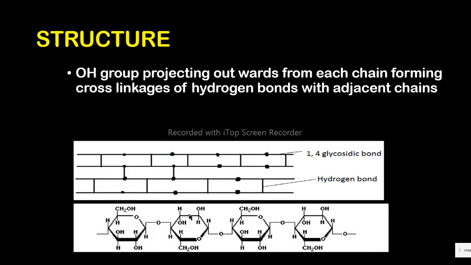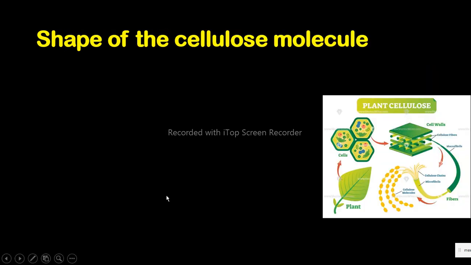So let's talk about the structure of the cell wall. Because somebody complained that in cell biology we didn't study the cell wall. And I said we shall study it. I even gave you an assignment.